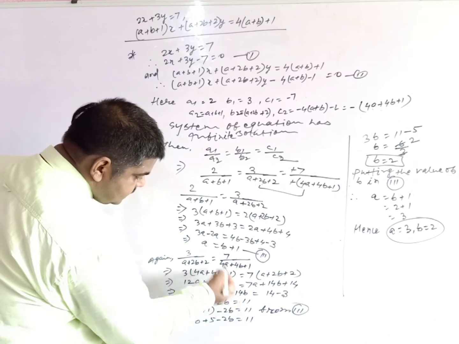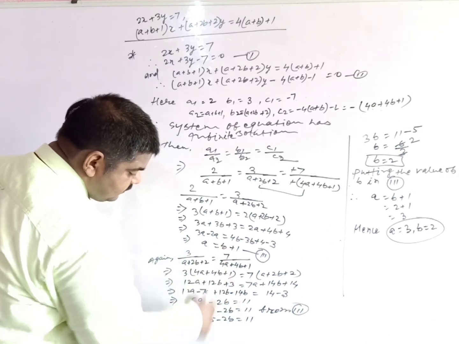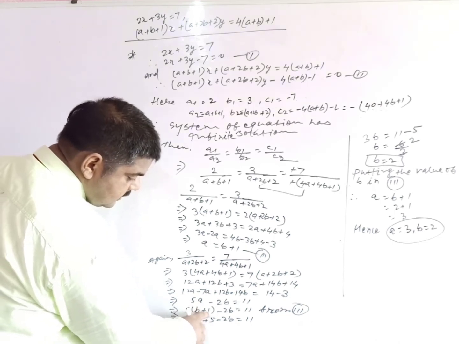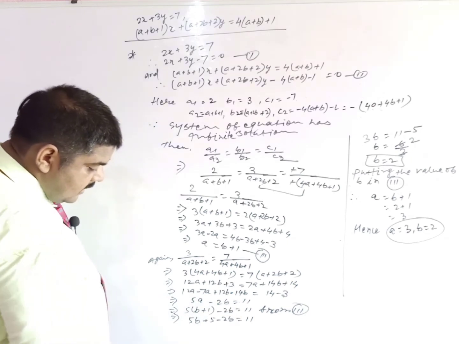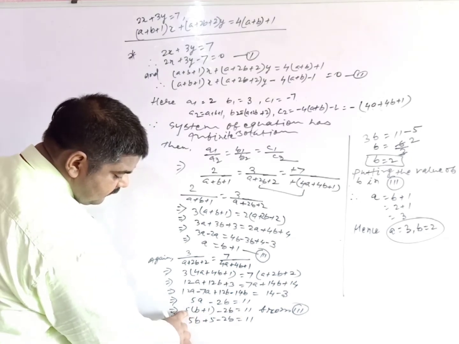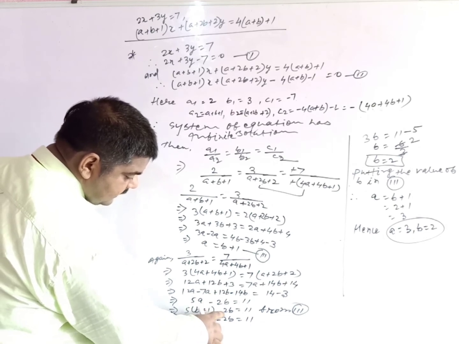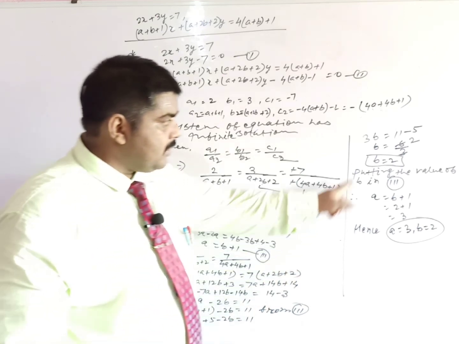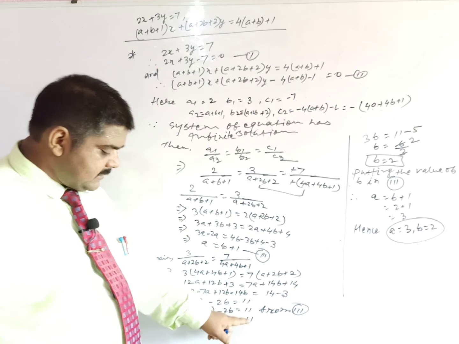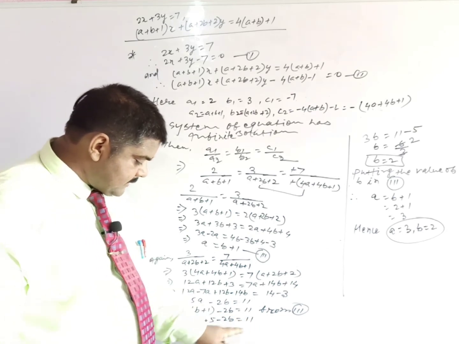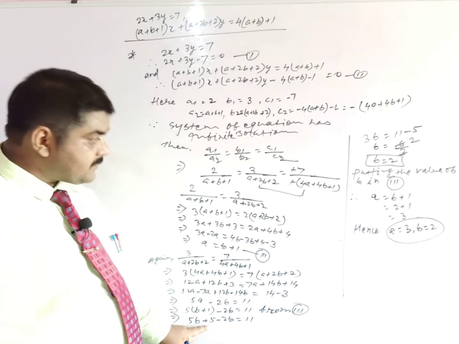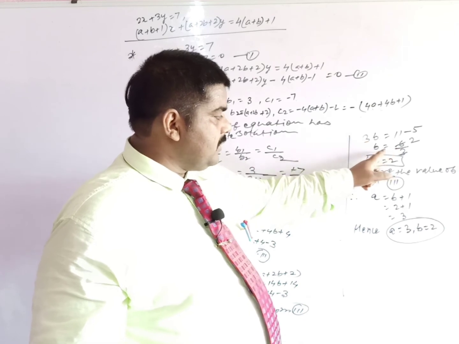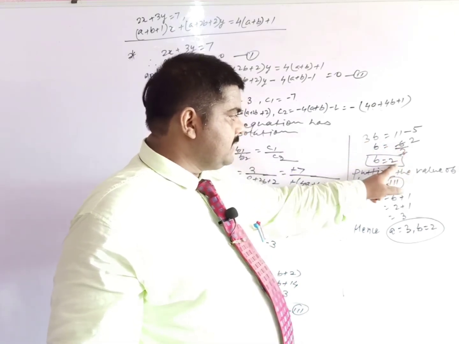And after that, since we know that a is equal to b plus 1, I put the value in 5 into (b plus 1) minus 2b is equal to 11. Then I multiply: 5b plus 5 minus 2b is equal to 11, and then 5b minus 2b is equal to 3b, and 5 is shifted from LHS to RHS, so plus changes into minus. 11 minus 5 is equal to 6, and then multiply changes into divide. b is equal to 6 upon 3 is equal to 2.